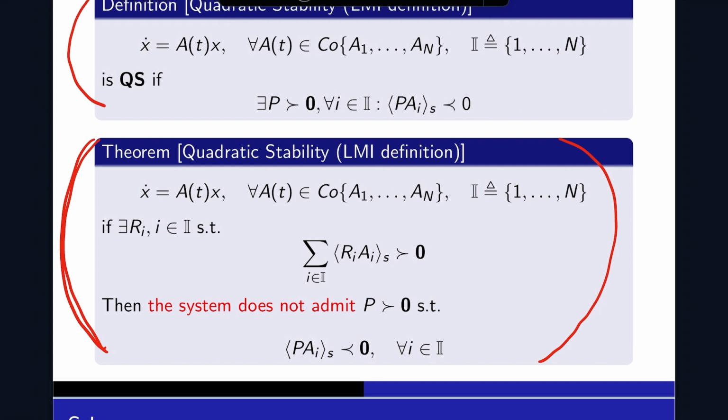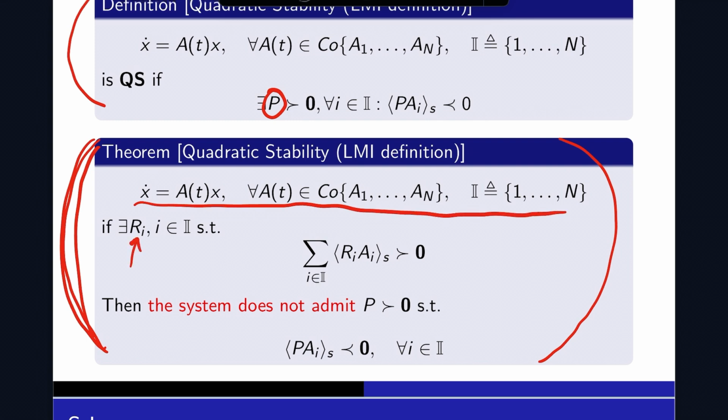Maybe that P will not exist, and basically for a given system, to investigate the non-existence of such a P, you use this. This is the system definition, and if there exist R1 to Rn such that this condition is satisfied.